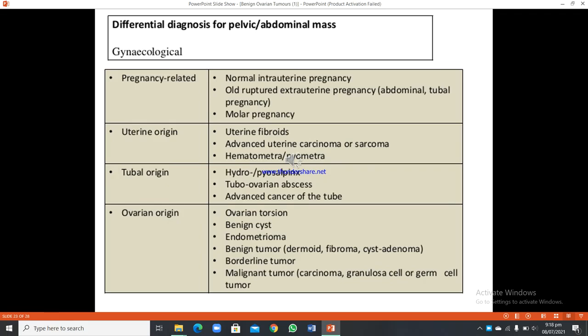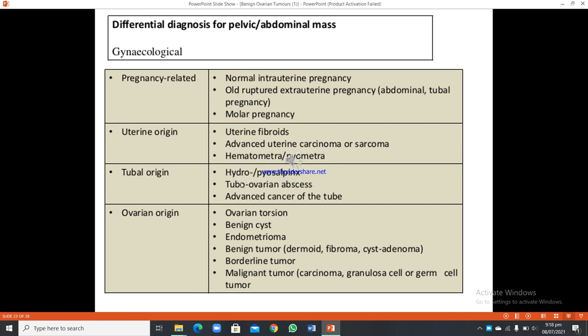Now, differential diagnosis for pelvic and abdominal mass, that is, gynecological. Pregnancy related: you can see this is a normal intrauterine pregnancy, old ruptured extrauterine pregnancy, that is abdominal or tubal pregnancy, molar pregnancy. Uterine origin: uterine fibroids, advanced uterine carcinoma or sarcoma, hematometra or pyometra.